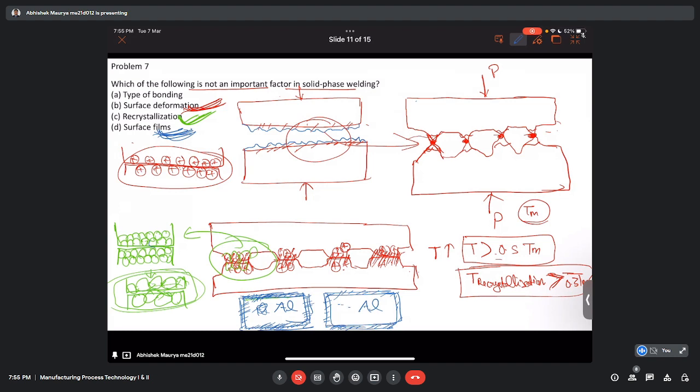So we can control surface deformation by applying load. We can avoid recrystallization by controlling temperature, and we can control the surface film by cleaning the surface. So the correct answer for this is the type of bonding.